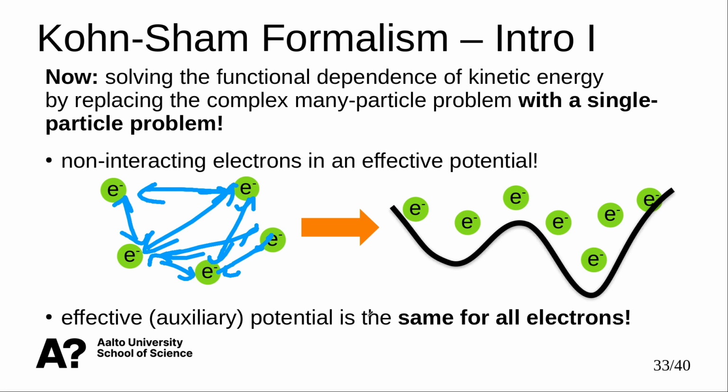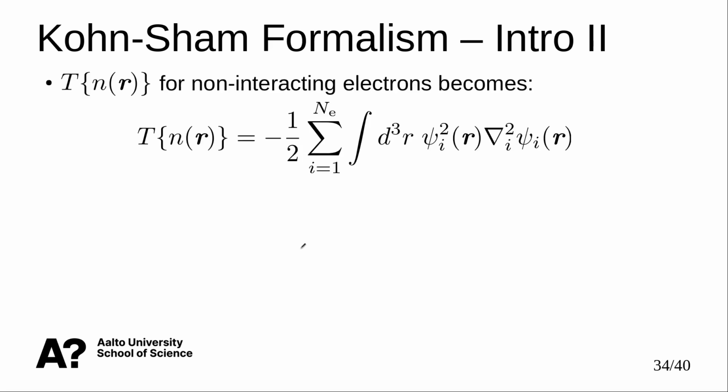And this effective, sometimes also called auxiliary potential, is the same for all electrons. That's quite important. And with that we can formulate the dependency of the kinetic energy with those non-interacting electrons, which becomes this expression here.